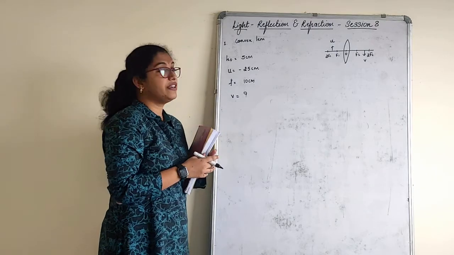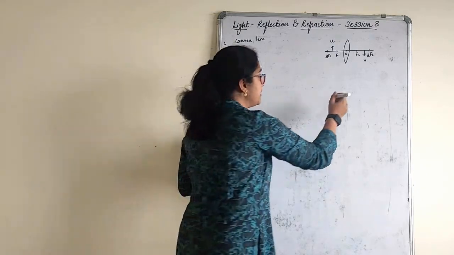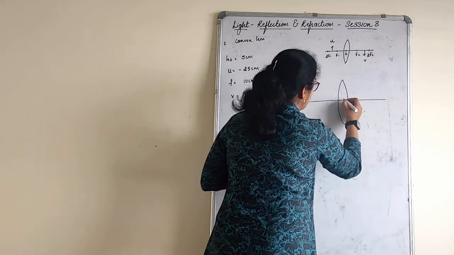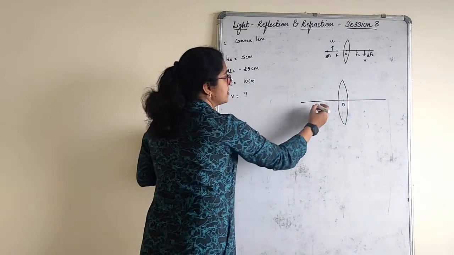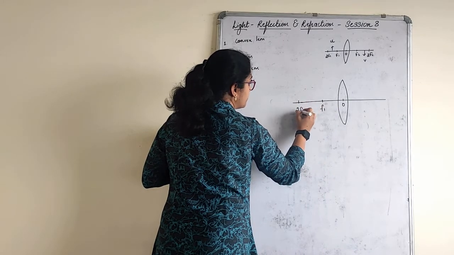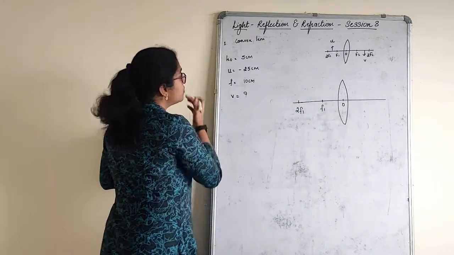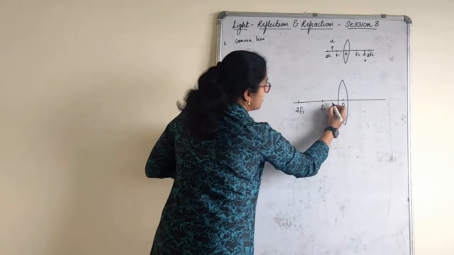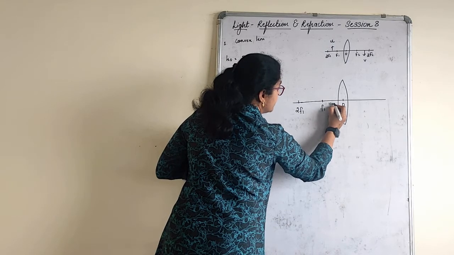Only with the help of the given data I can sort out things. Let me teach you how. Okay, I'll redraw this once again. So this is the convex lens, F1 to F1. So what is the focal length here, given as 10 cm? Okay, so this is 10 cm.